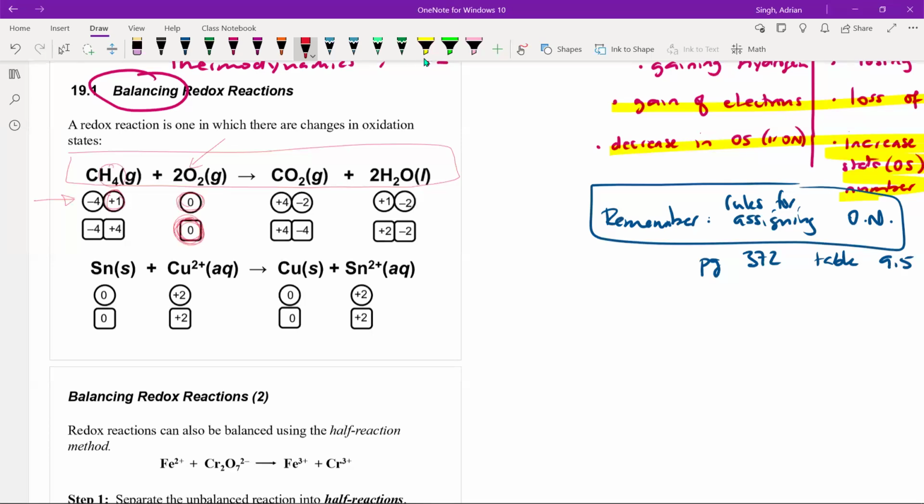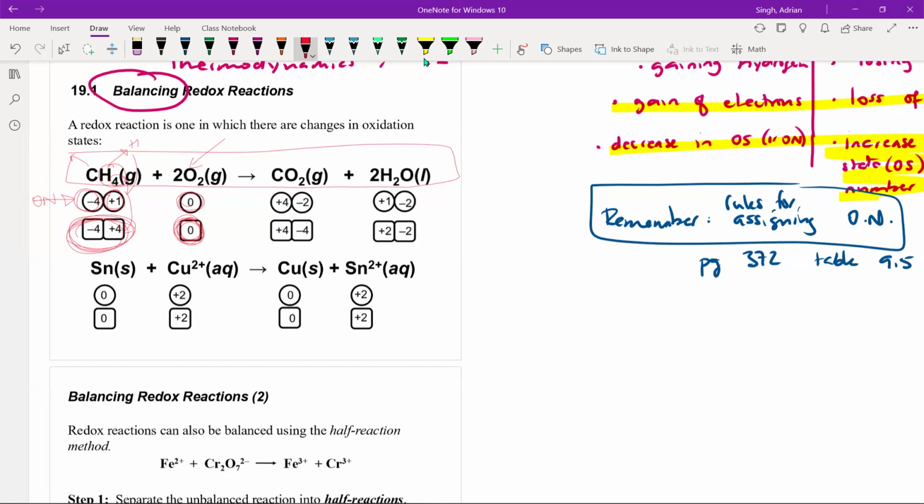So we have +1 for each hydrogen, and we have 4 hydrogens, so that would give a total of +4, which means the carbon then has to be -4 in order to cancel out. Because overall, when you add together oxidation numbers for a neutral compound, they should add together to give 0, right? So the +4 - 4 gives you 0.